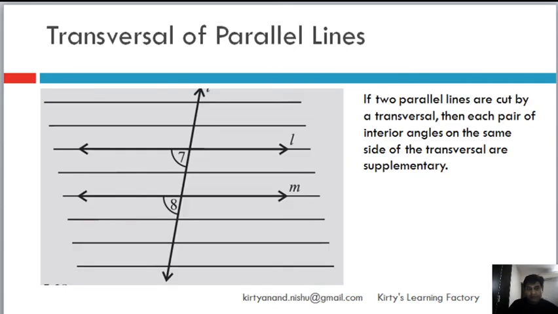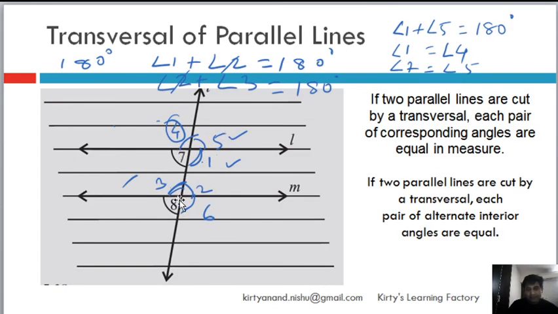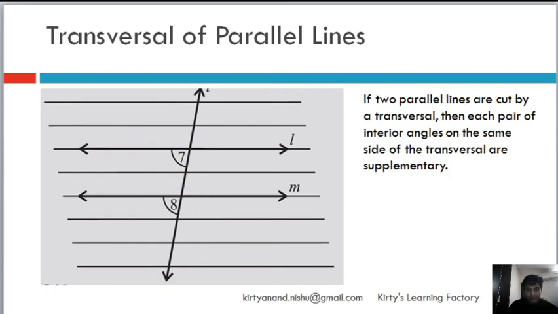Now we also proved that alternate interior angles are equal to each other, right? So that is what we are going to see. If two parallel lines are cut by a transversal, then each pair of interior angles on the same side of the transversal are supplementary, which means that angle 7 plus angle 8 is 180.